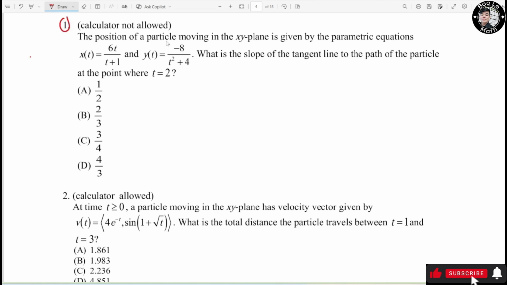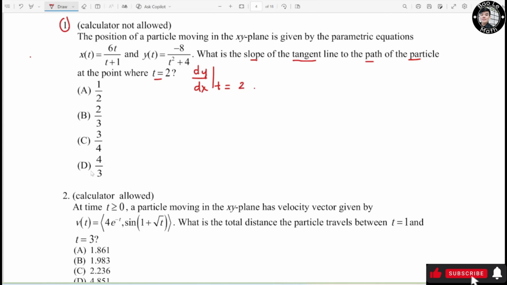The position of a particle moving in the xy plane is given by the parametric equations x of t and y of t. What is the slope of the tangent line to the path of the particle at the point where t equals 2? So we need to calculate dy over dx and then evaluate it at t equals 2.